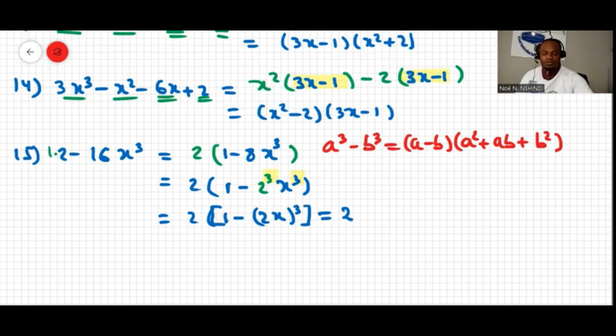So this would be 1 minus 2x, and then it's going to be 1 squared, so 1, plus ab, so 2x times 1 is just 2x, plus b squared, so plus 2x squared is 4x squared. So that's the answer here. Okay, thank you.